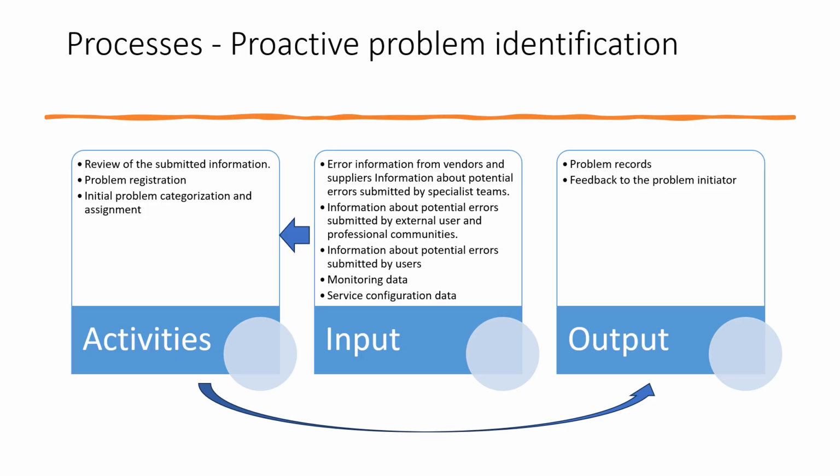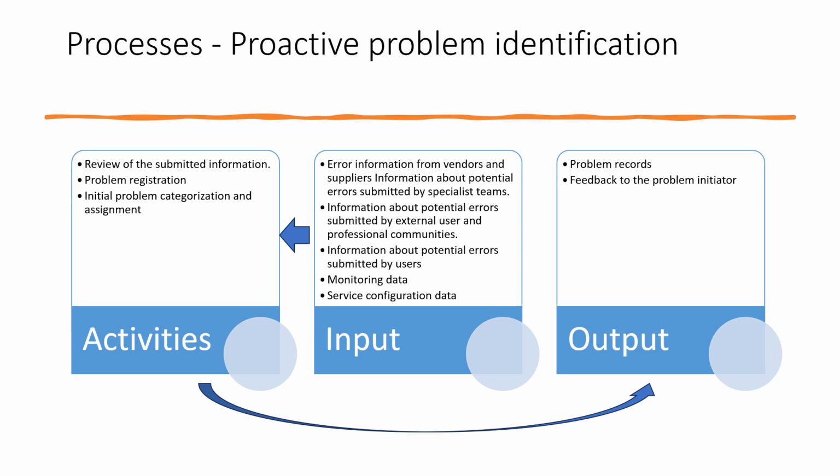The proactive problem identification process creates the following outputs: problem records and feedback to the problem initiator. To create the output, we have the following key activities: review of the submitted information, problem registration, and initial problem categorization and assignment. As with any process, we need to have an input to create an output.